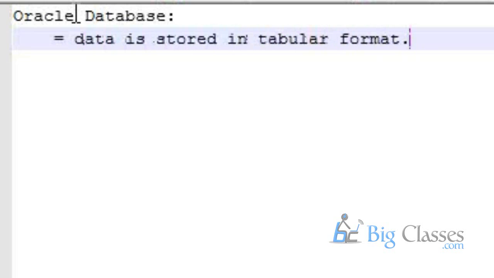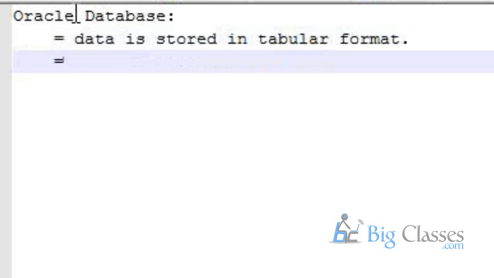As the data is stored in tabular format, it is easy to retrieve the data from the database, manipulate the data, insert the data, and the data can be securely stored in one particular repository.